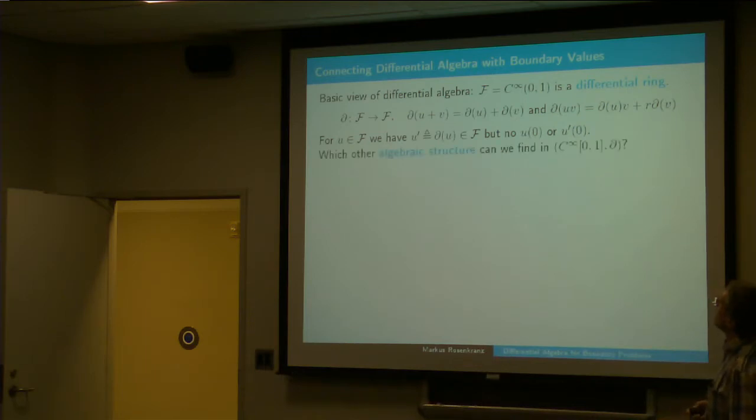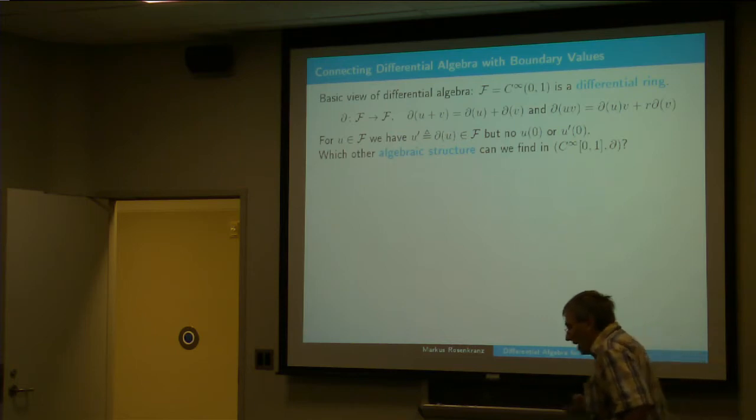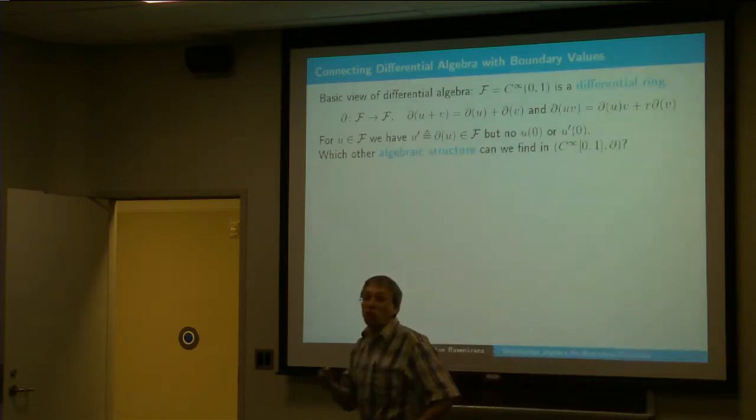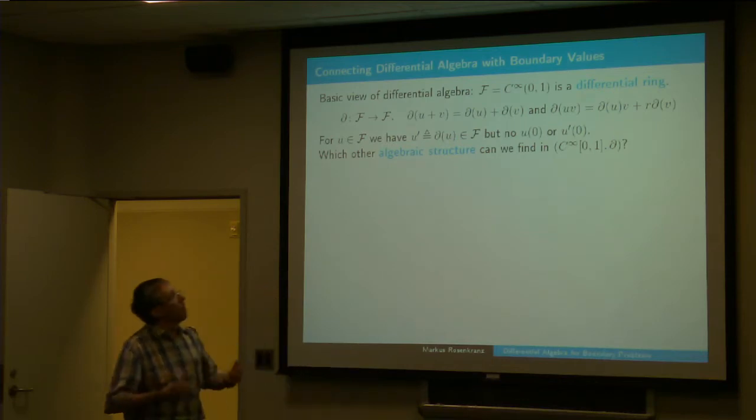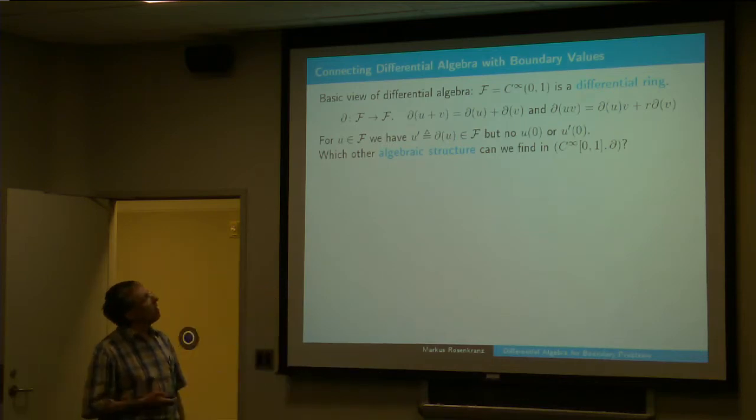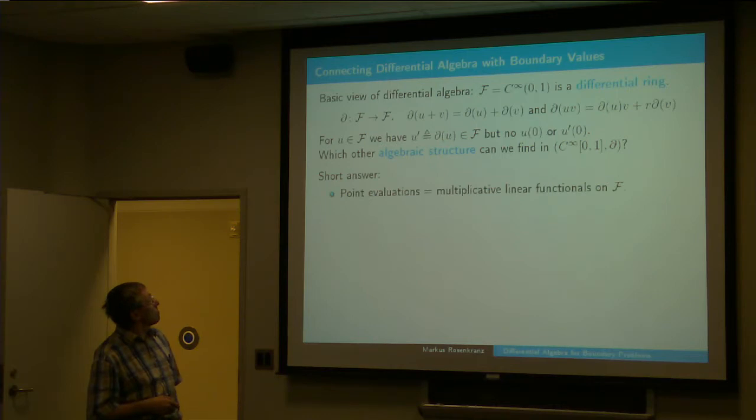Okay? So what other algebraic structure can we detect on this object here that allows us to use something like u of 0 and u prime of 0 in a way that doesn't need topology? Of course, I want to stay algebraic in the sense of not needing any topological assumptions here.